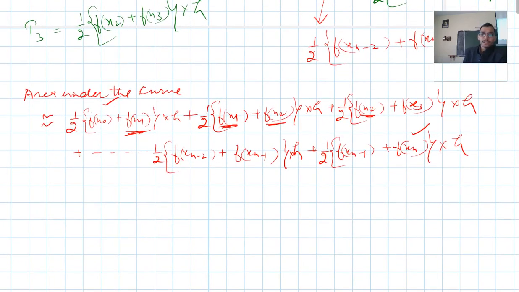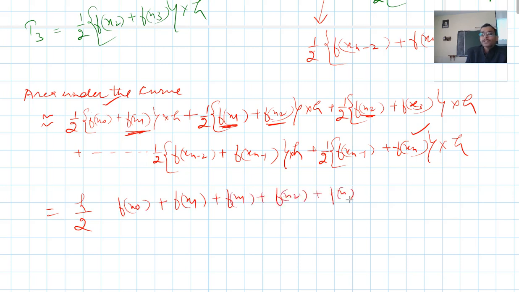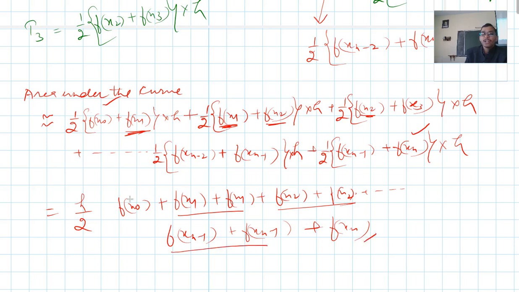So I can write it as h by 2 times f of x naught plus f of x1 plus f of x1 plus f of x2 plus f of x2 and so on, f of xn minus 1 plus f of xn minus 1 plus f of xn. These are repeating, but these two are not.